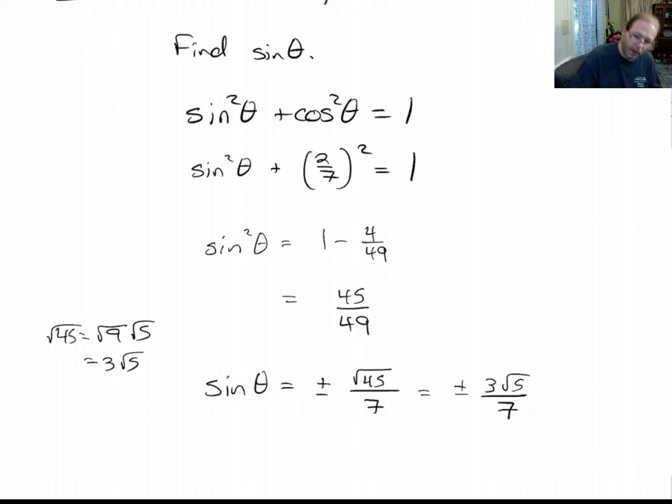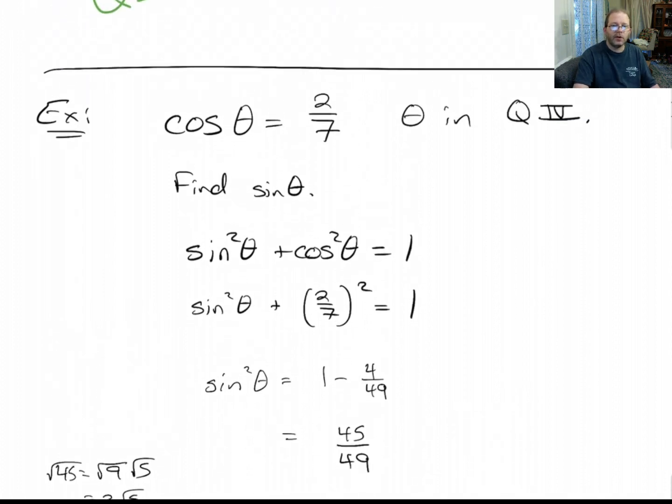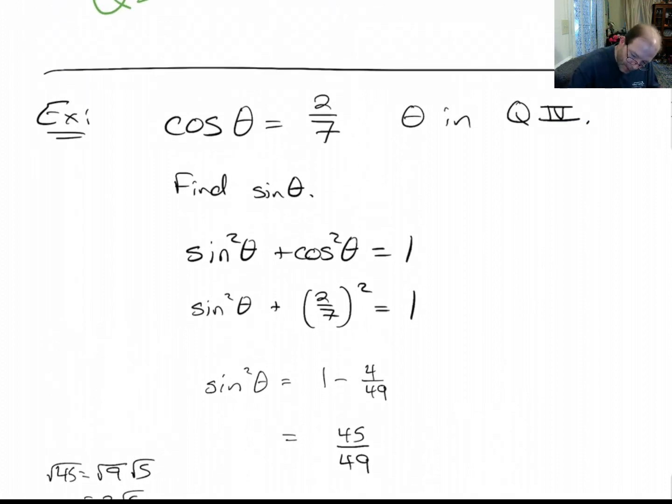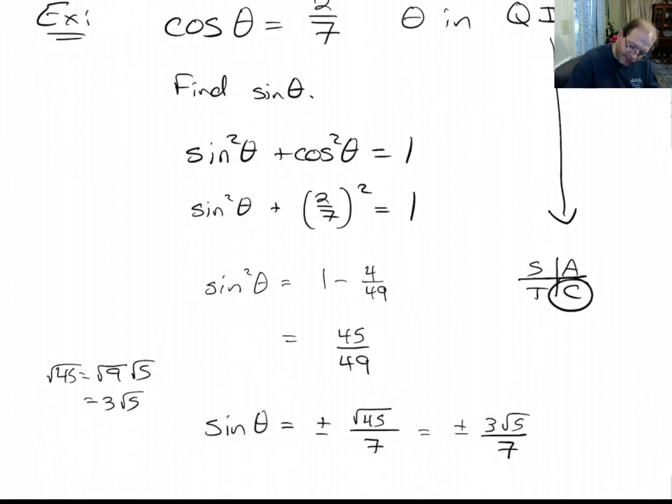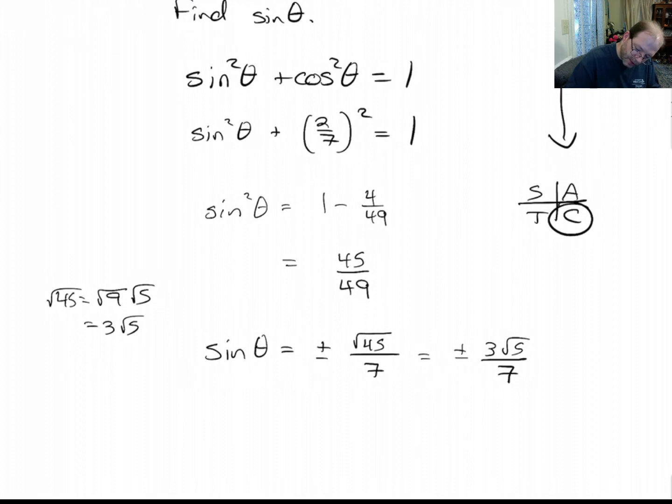And then you just have to figure out, is it positive or negative? Well, we're in quadrant 4. Cosine's positive there. We're trying to find sine. Sine's negative. So sine of theta is going to be the negative 3 root 5 over 7.